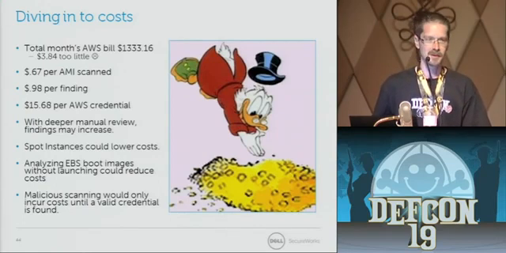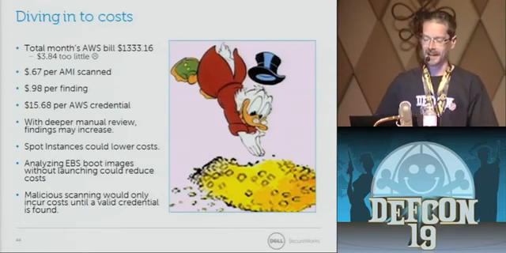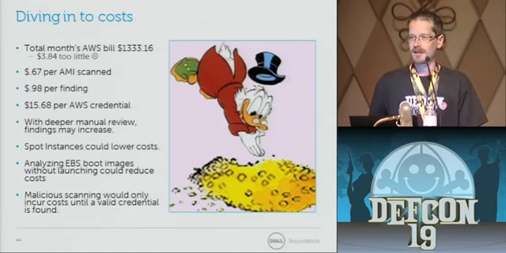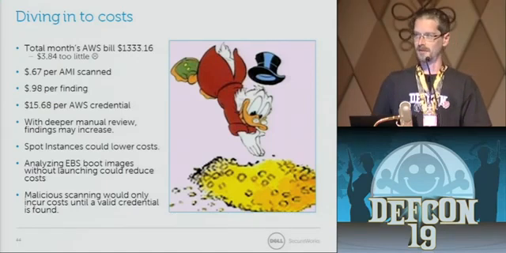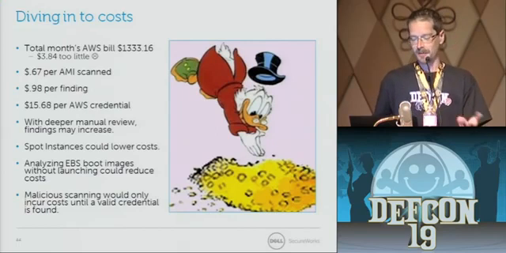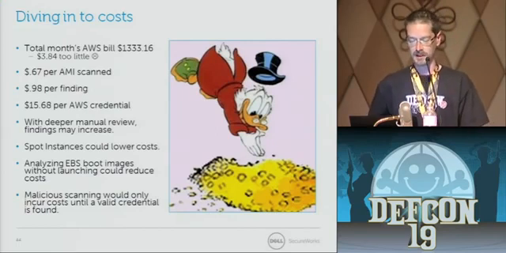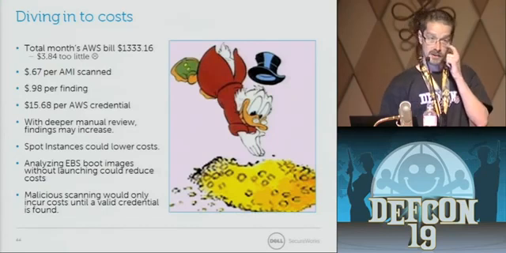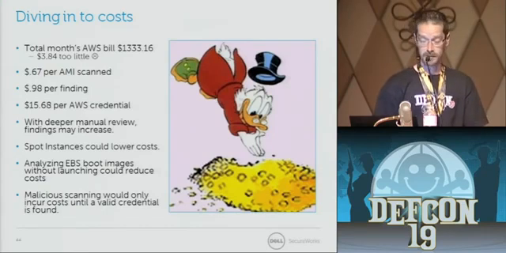So that would have been kind of cool. I wonder if they'll let me overpay the bill. Just here's 384 more. Anyhow, that breaks down to 67 cents per image scanned, 98 cents per finding, and $15.68 per Amazon Web Service credential. So that seems like a bargain.